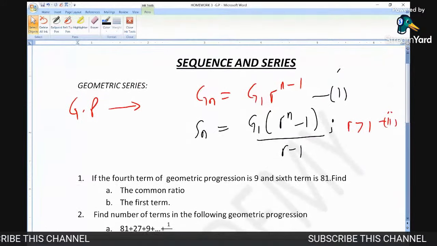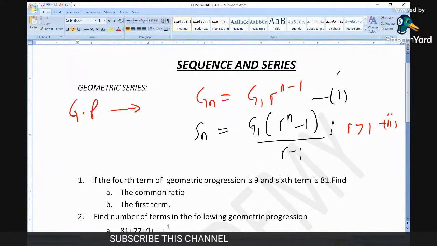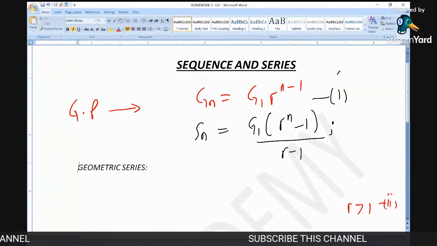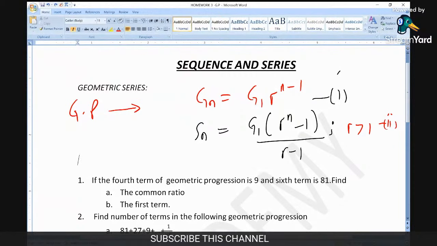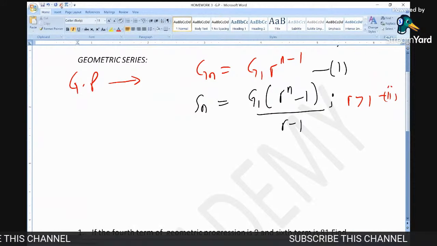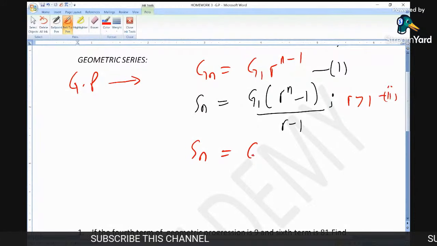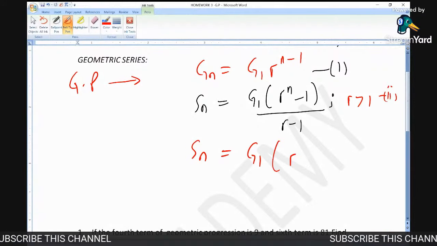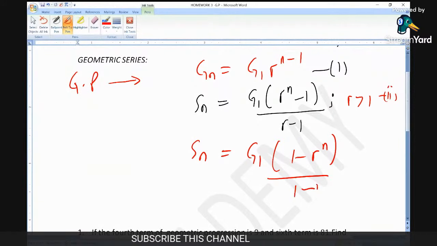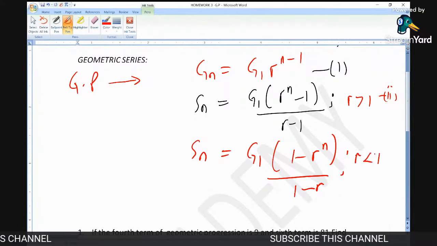But also the third formula we are going to use, the third equation, is the sum of the first n terms, G1 in the bracket 1 minus r exponent n over 1 minus r, and this is the formula suggested when r is less than 1.